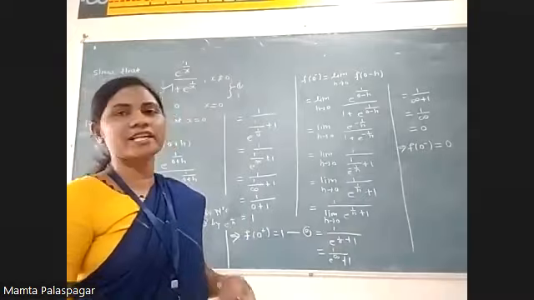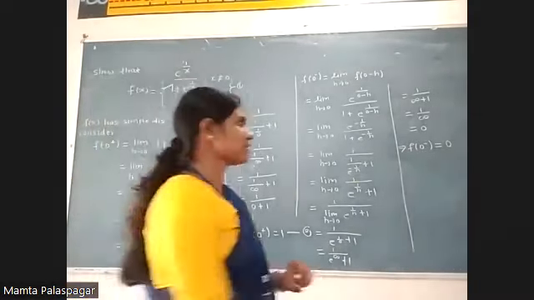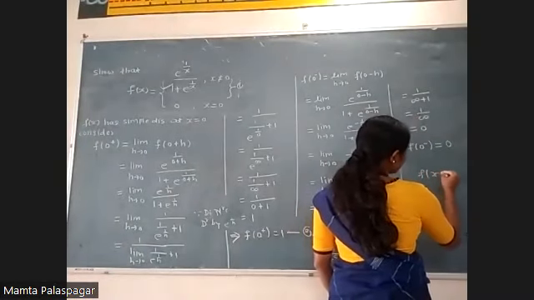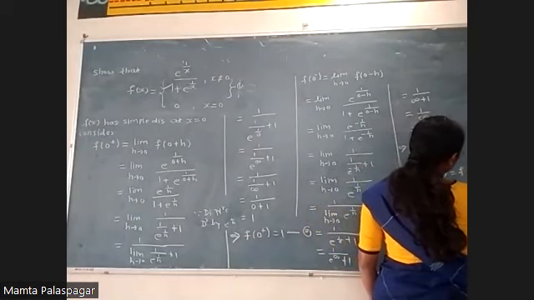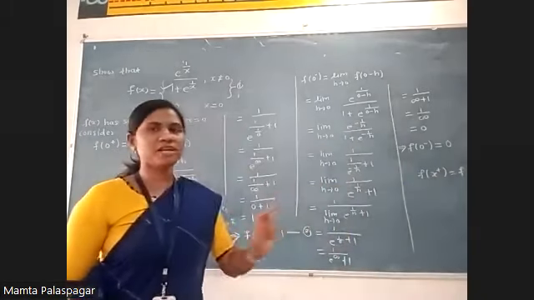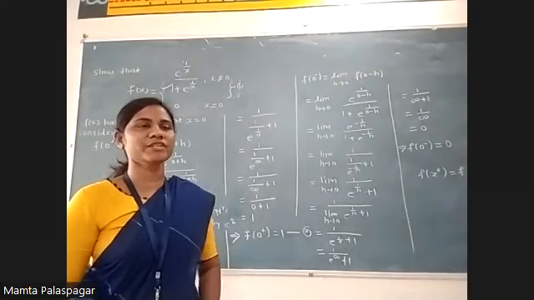And in the discontinuity concept, as we know, the function is discontinuous if any one of the conditions fails: f of x positive equal to f of x negative equal to f of x. If any one of these three values is not equal, then that function is called a discontinuous function.